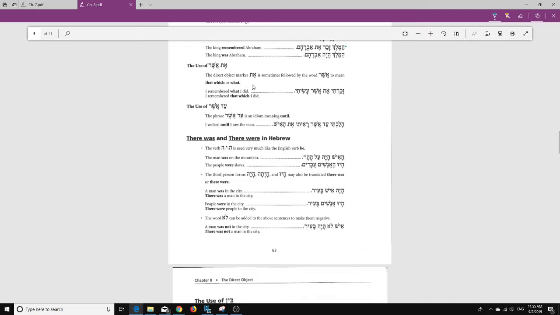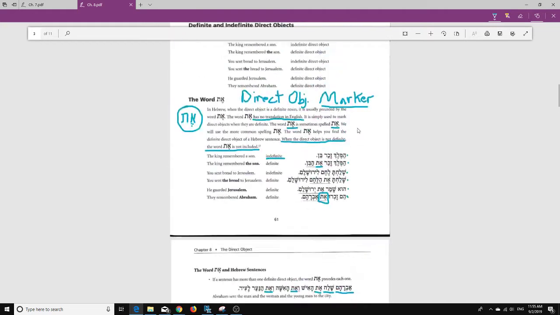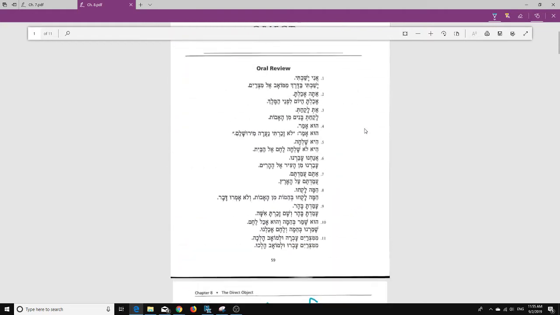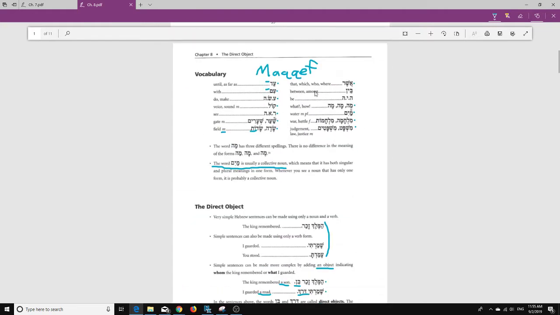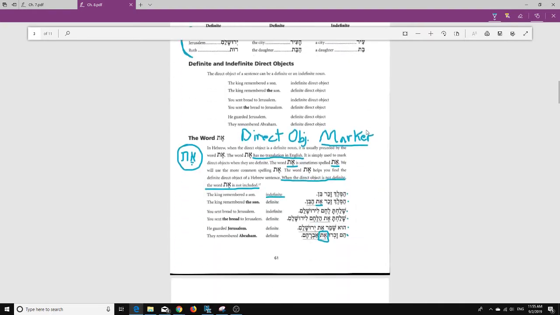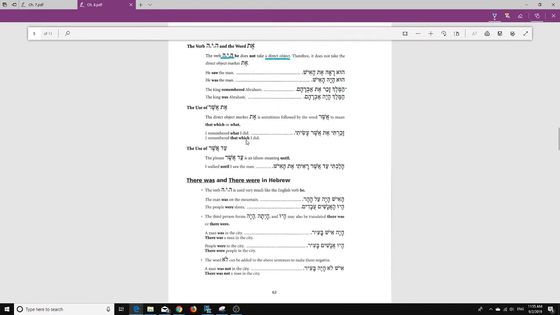Sometimes the direct object marker et will be followed by asher. And when that happens, remember what asher means up here: that, which, who, or where. When that happens, it could mean that which, just together, or it could even mean what.